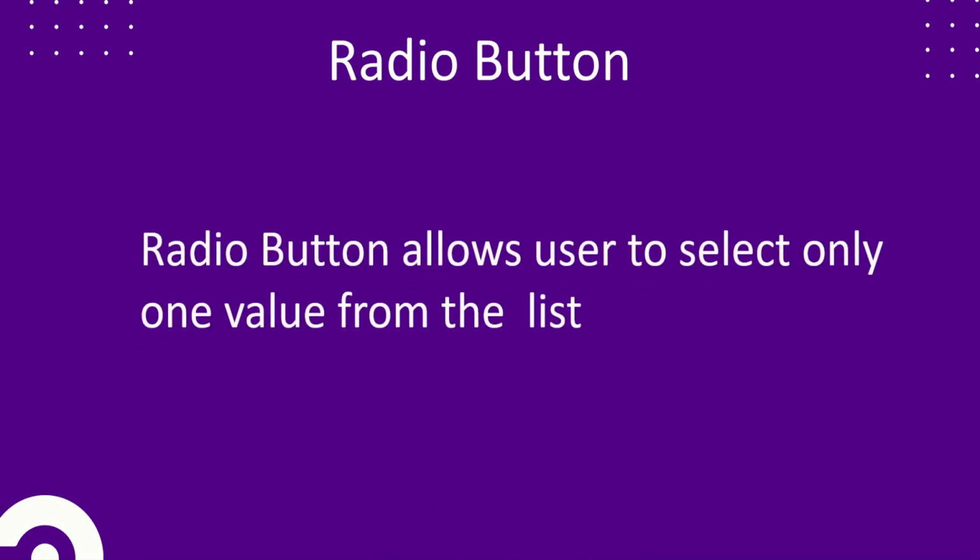Radio button. Radio button allows the user to select only one value from the given list. If the user needs to select only one option from multiple choices, we can use radio button.